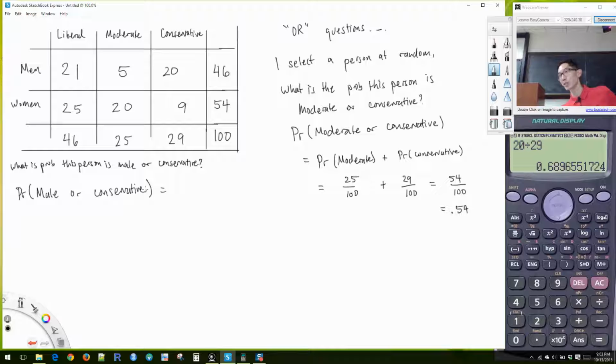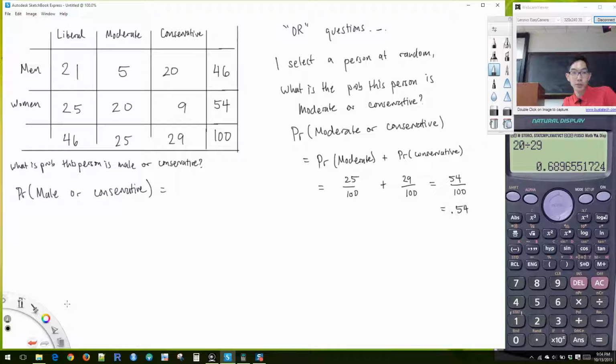So we're asking, is this person male or conservative, where the answer is yes or no? Or what is the probability this person is male or conservative? Here it's essentially an and/or. So what is our answer here?